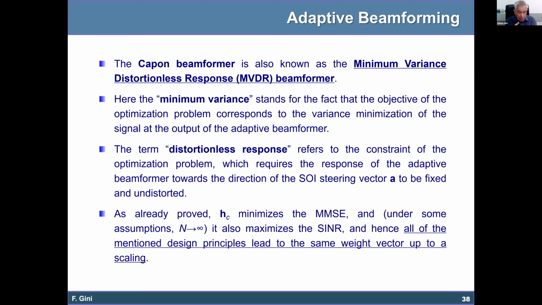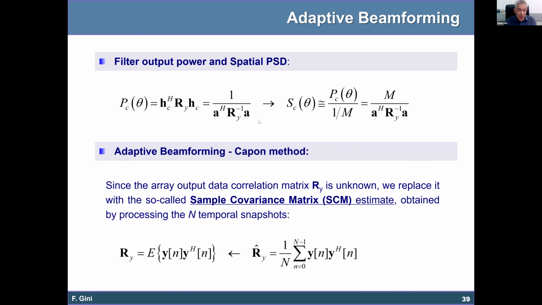But this is true only asymptotically. For a finite number of available snapshots N, the performance is different, and we need to understand what the differences are, okay? So they coincide only asymptotically.